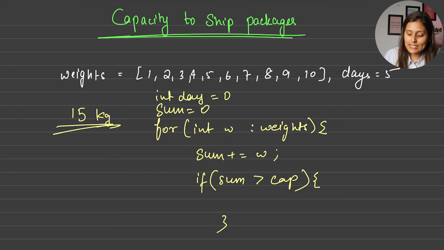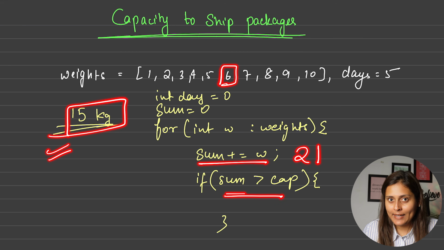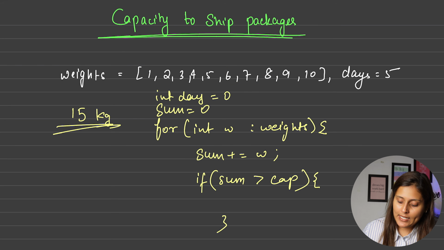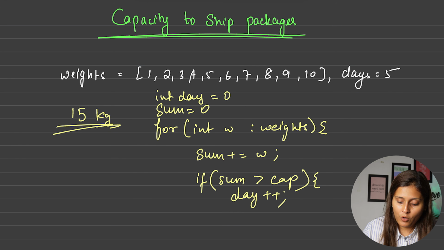Okay, so can I say after adding this 6th value, my summation has become 21, which is greater than 15 kg. So I want to increase my day, saying this 6 kg will be shipped on another day. So can I say day plus plus? Yes. And what else? Think again, what else?